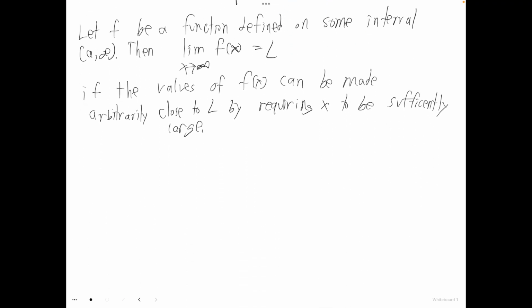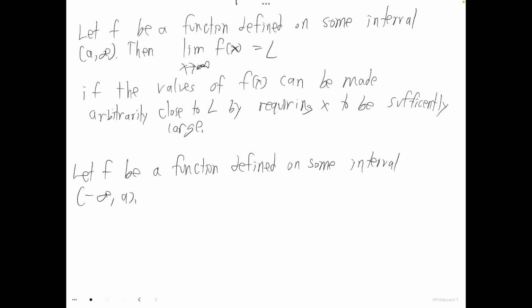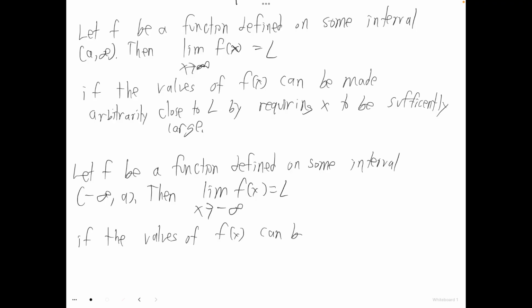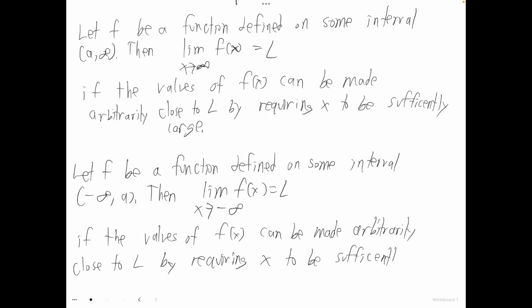And so we similarly say that if we let f be a function defined on some interval negative infinity to a, then the limit as x goes to negative infinity of f of x equals L if the values of f of x can be made arbitrarily close to L by requiring x to be sufficiently large as a negative value.